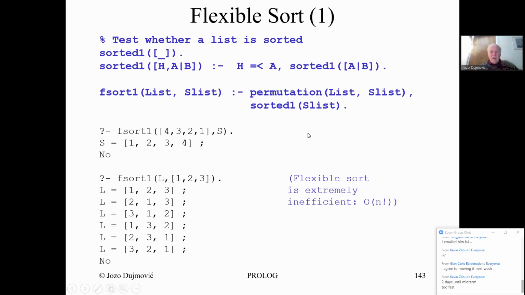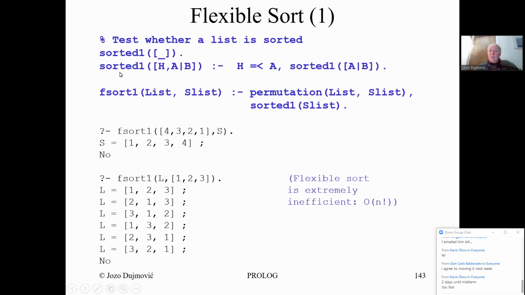In the case of the flexible sort, we can simply make a test program that checks whether a list is sorted. So a list is sorted if it has one single element. This is an anonymous element, and whatever element you have, the list is sorted.